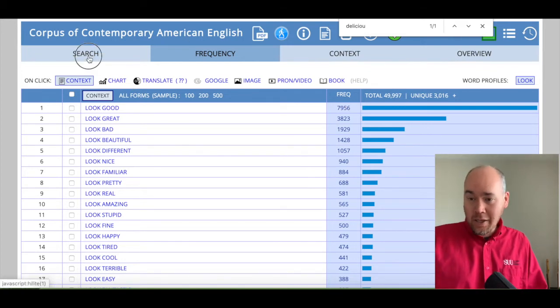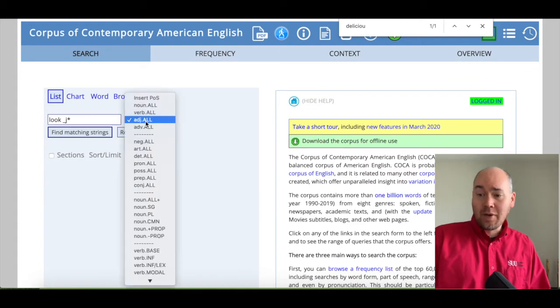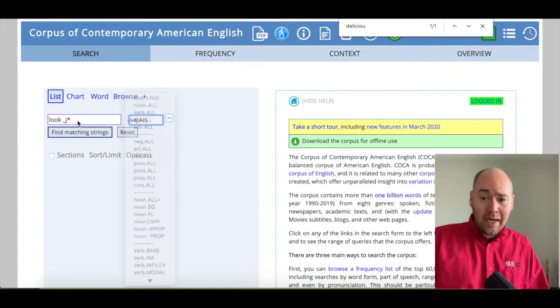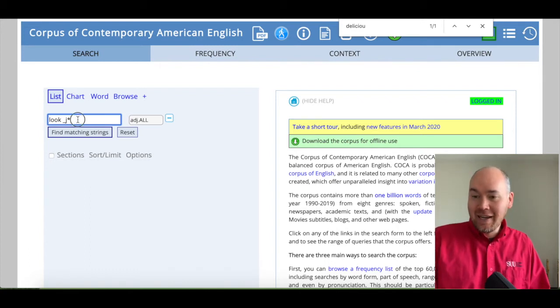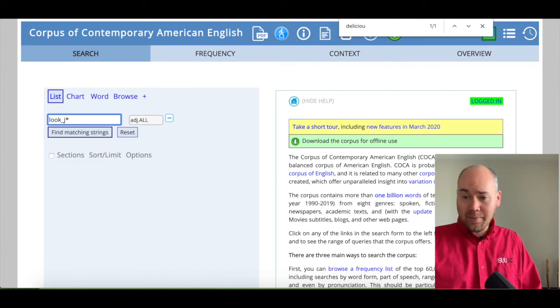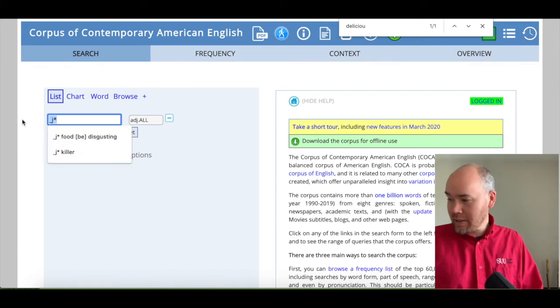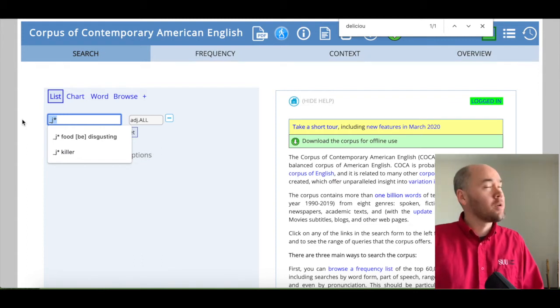Okay, so this drop-down menu, or just the tags, if you use COCA a lot, you might just remember the tags, are very useful for finding particular kinds of words. So for example, if I want to look up the word, let's use the word progress.